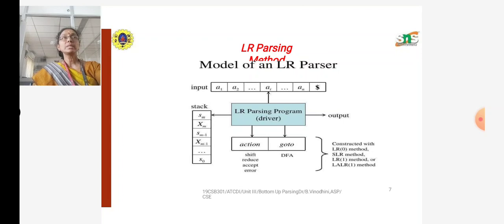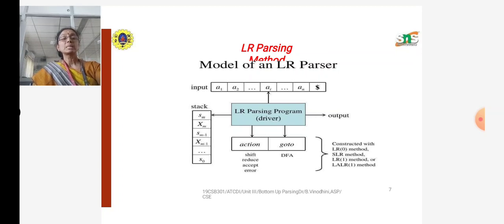Finally the stack contains the starting symbol and the input buffer is empty, which means we accept the input string. This is the way all LR parsing methodology is done. Only, we have four types of LR parser, and the difference is based only on the parsing table construction and input string parsing.